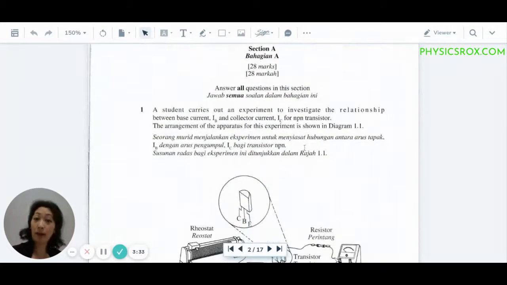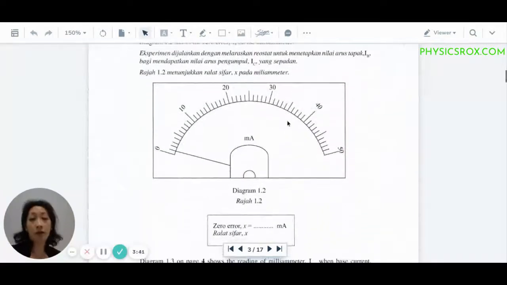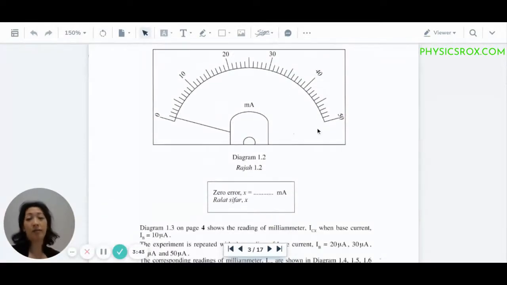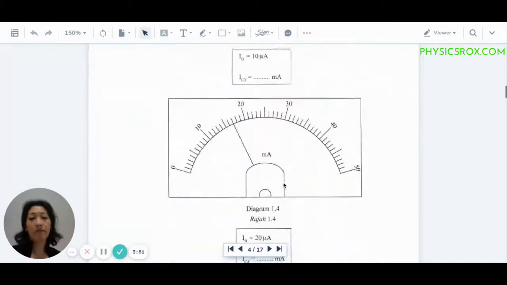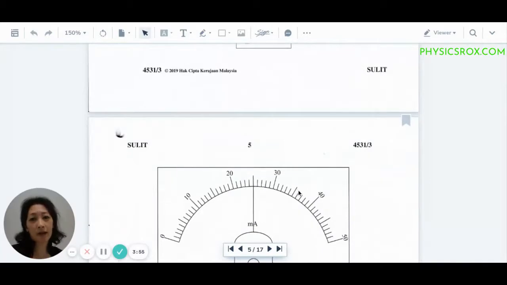So let's start with question 1. In question 1, do make sure that you read the entire question carefully. You get a whole bunch of pictures here of measuring instruments. You do need to take readings of these measuring instruments, and of course, you need to get the values. What I'm going to be focusing on right now is not so much the answer that you need to write.